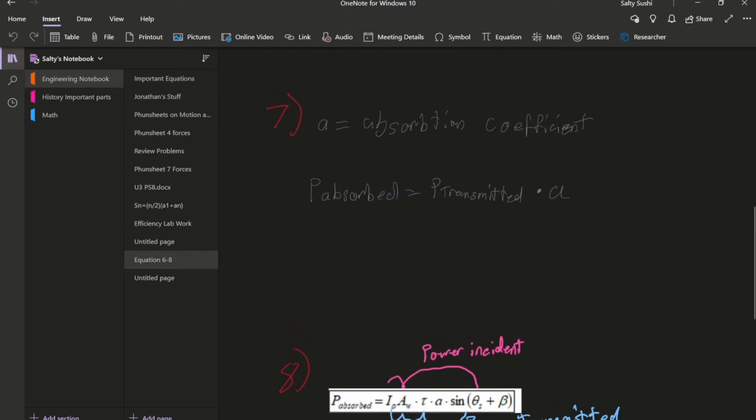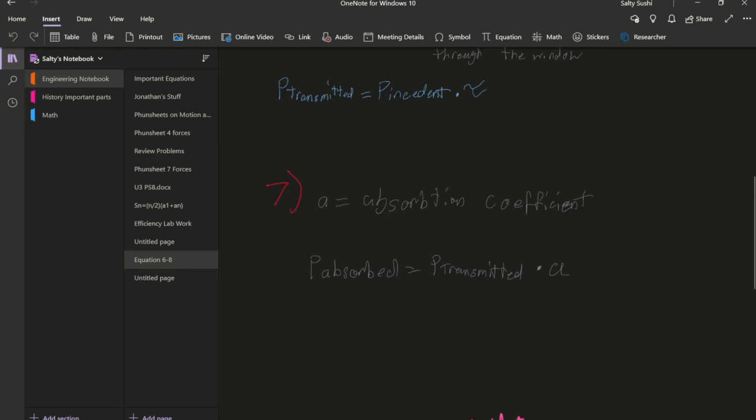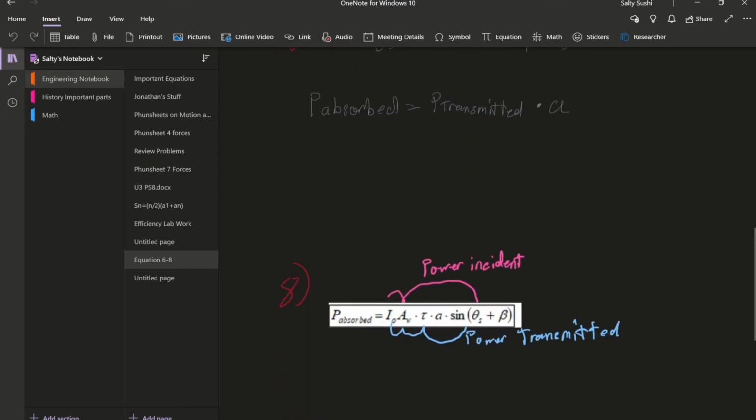So we are given the equation power absorbed is equal to the power transmitted times the absorption coefficient, or A. Now this is all put together in equation 8. So we end up with P absorbed equals I of O times the area of the window times tau times the absorption coefficient times sine of theta and beta.